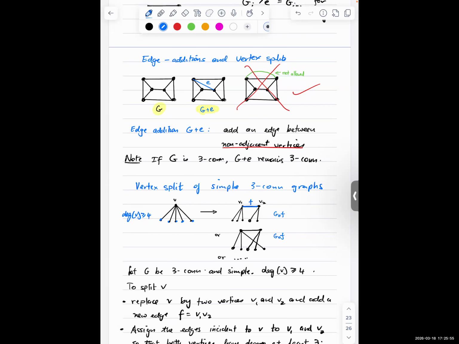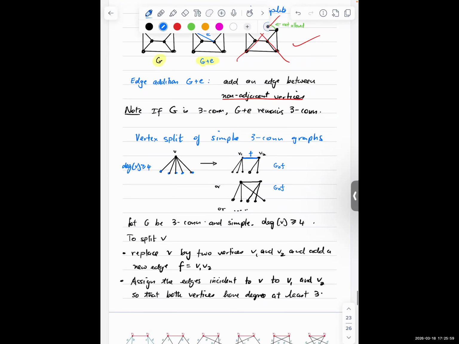Now while G plus E gave you just one graph, G dot F, we use the notation that emphasizes the edge. Even though we're saying we're splitting a vertex, we're really thinking of it as an edge operation, because we want to use dots, operations on edges. And you can get many non-isomorphic vertex splits.